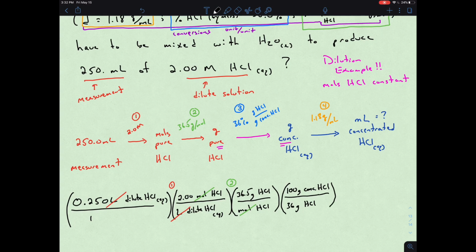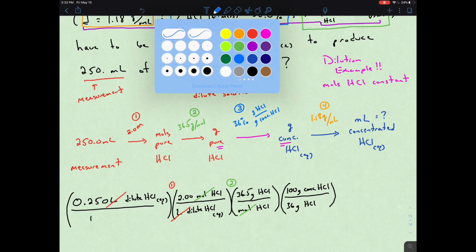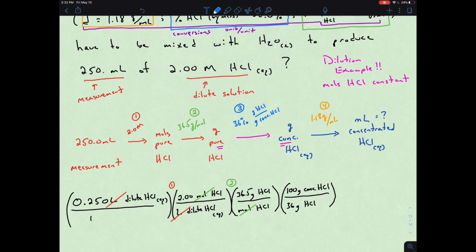So notice how writing not only the units, but what the units are describing is very important here. So we're getting out of pure HCl, using that mass percent to now get into the actual mass of the solution. And this is mass of the concentrated solution.